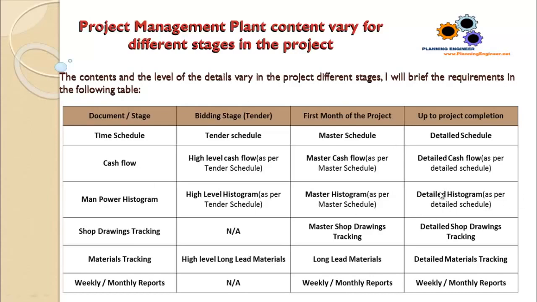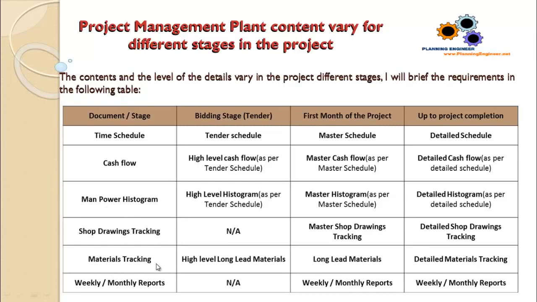And we'll come to this in our coming lessons to tell you how to prepare each one of them. Shop drawing tracking. Shop drawing tracking is not applicable in the tender stage. But in the first month of the project, you should have a master shop drawing tracking. After 1 month, you should prepare the detailed shop drawing tracking, which contains all the shop drawings in your project.